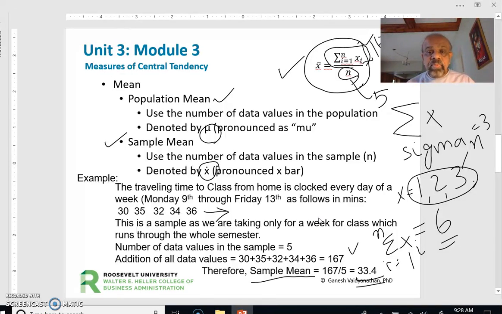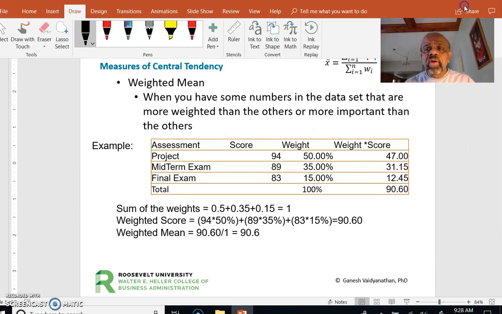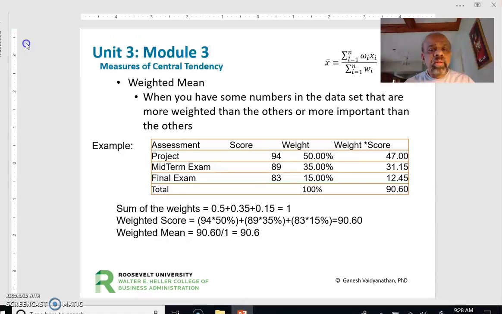Okay? Let's do one more thing. So here we're going to talk about weighted mean. Here I'm going to add one small complexity. What I'm going to do is this. I have a project, I have a midterm exam, I have a final exam. Okay?